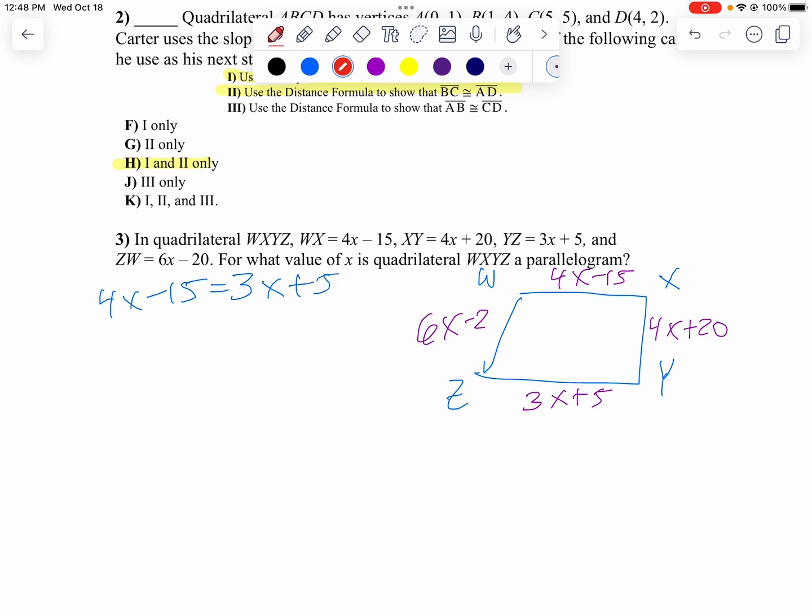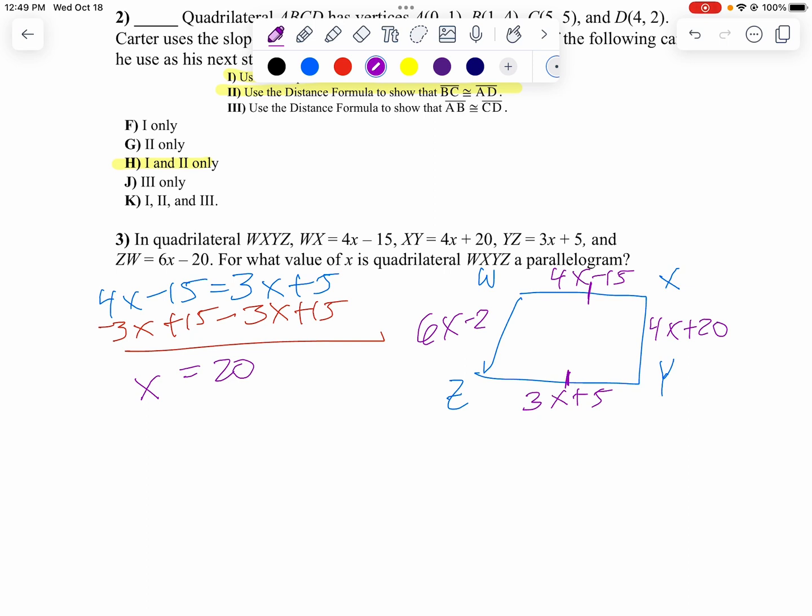We're going to subtract 3X from both sides, and at the same time, let's just add 15 to both sides. So then we'll get X equals 20, because that would make one pair of sides congruent.